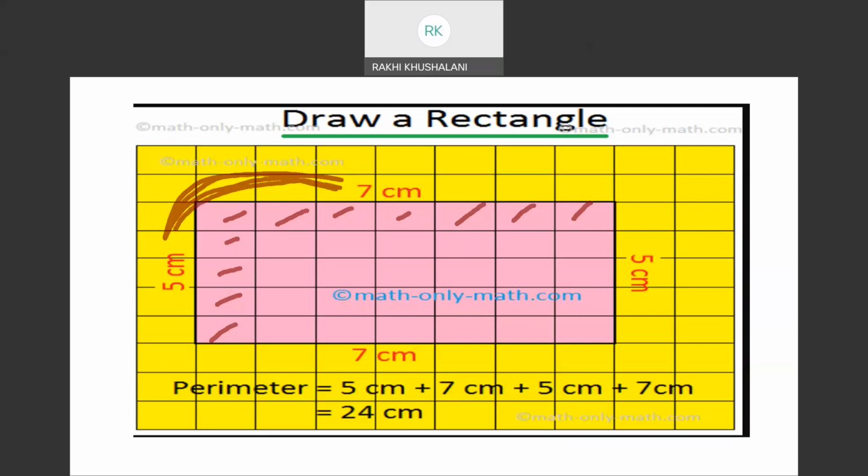That means the number of rows into number of columns gives me the total number of squares. So 35 square units, and here the unit is already given as centimeter, so you have to write square centimeter. 35 square centimeter is the area and 24 centimeter is the perimeter of this particular thing. Let's see what more I have.